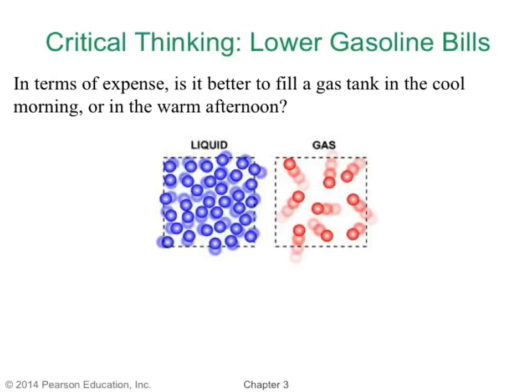You could see some evaporation, but theoretically we've got that cap on the gas tank to keep all the gas in the tank. So evaporation isn't going to be that big of a deal. Less heat, less movement. What does that ultimately do?